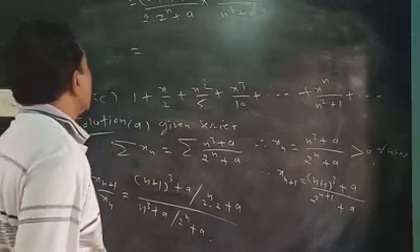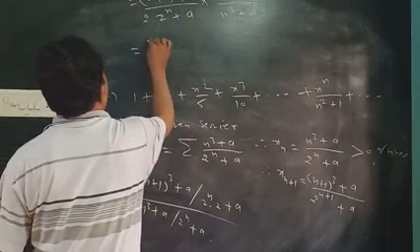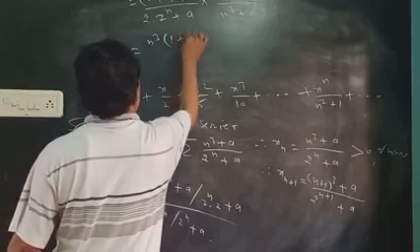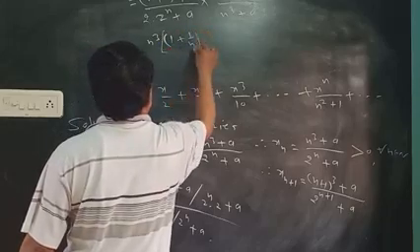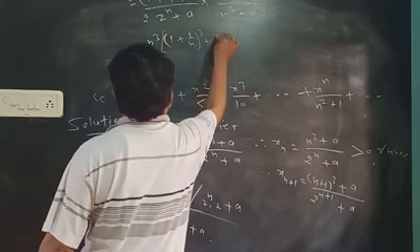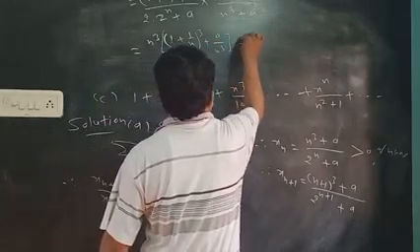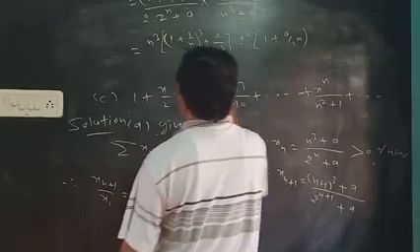Now, highest power common: n cube common here, 1 plus 1 by n cube, a upon n cube. Here 2 raised to power n common, 1 plus a upon 2 raised to power n.